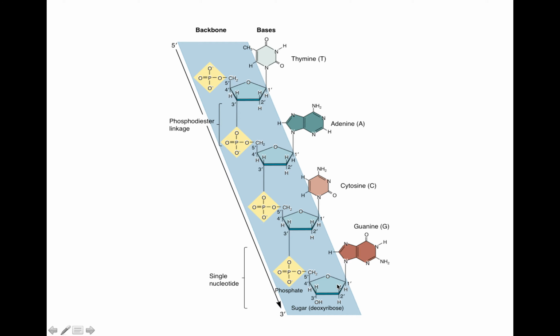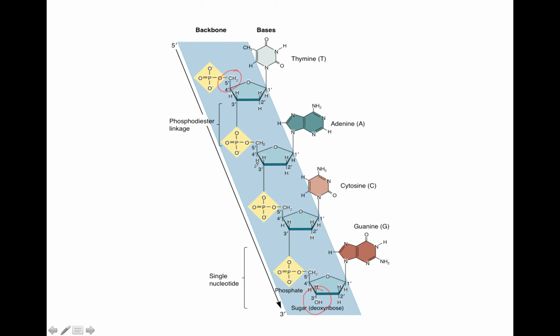Okay, so when we attach all these nucleotides together in a long strand of DNA, notice we have our 3' end here, a free 3' end with a hydroxyl group on it, and our free 5' end here with a phosphate group on it.